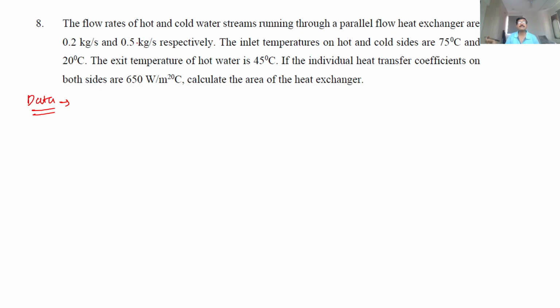Condenser and evaporator fall in the same category. Now, the flow rates of hot and cold water streams running through a parallel flow heat exchanger. This is very important. So we have identified it is parallel flow type. So let's draw the temperature profile structure for parallel flow.